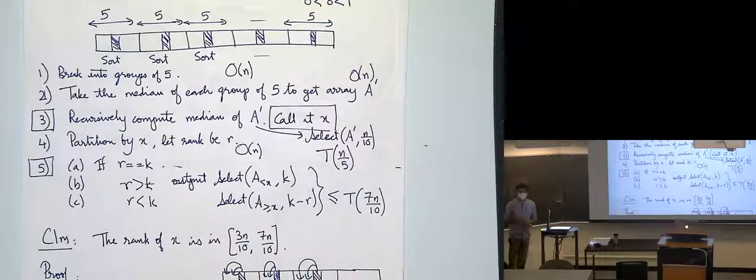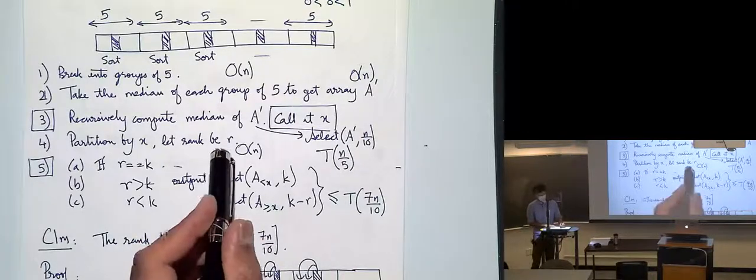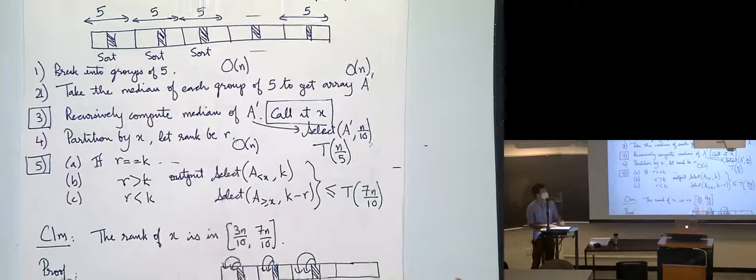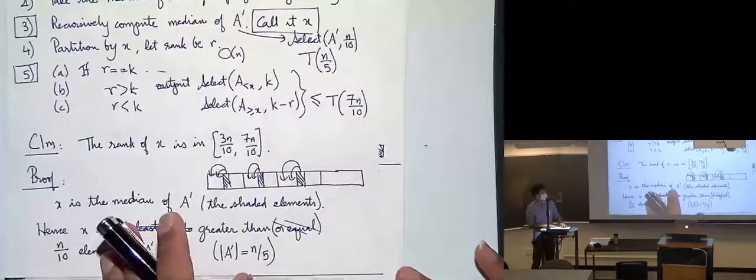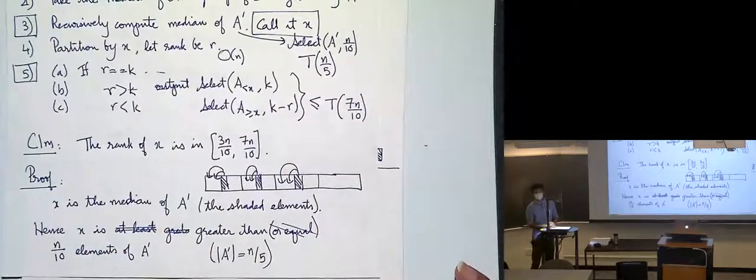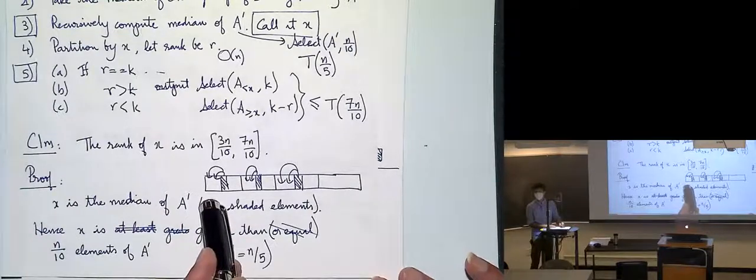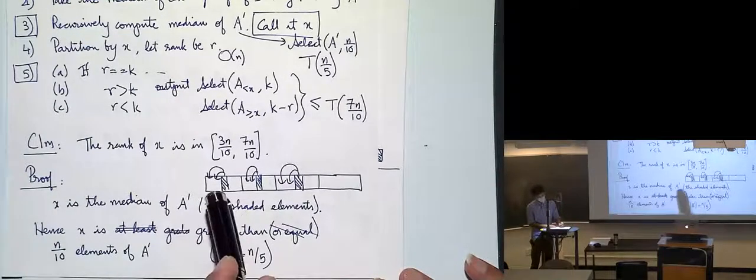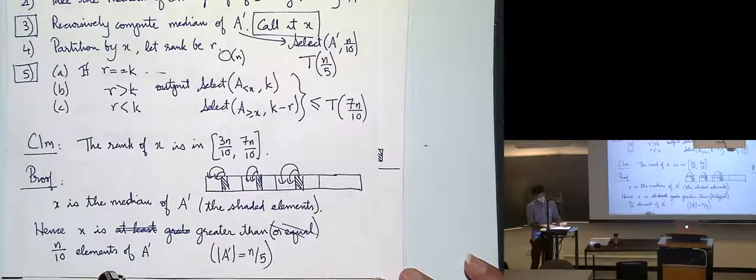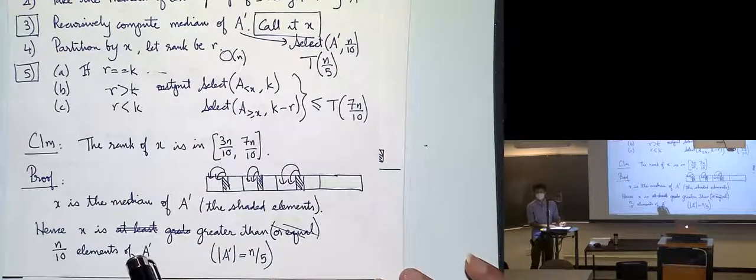Yeah? I'm still confused about why it's larger than 3. Why is x, a median of A prime, larger than 3? Because the group has 5 elements.